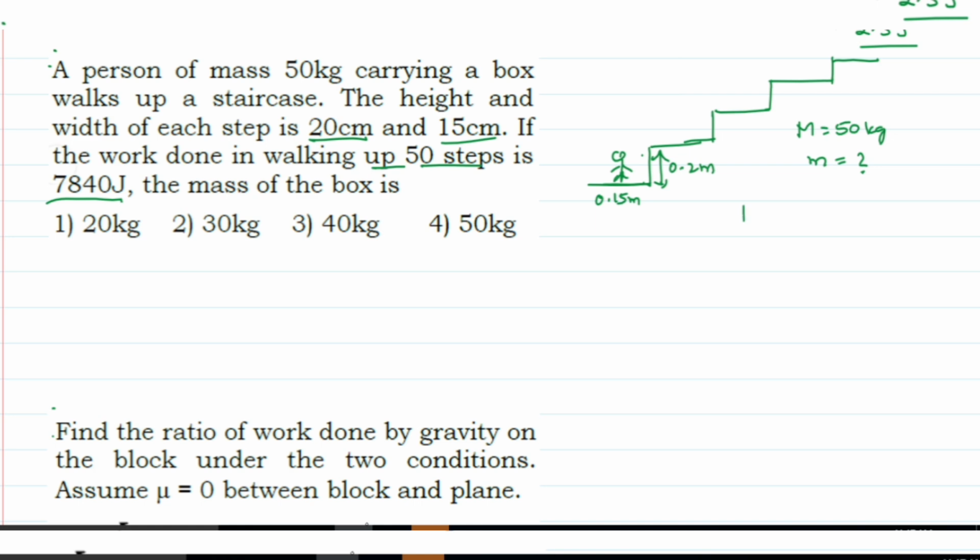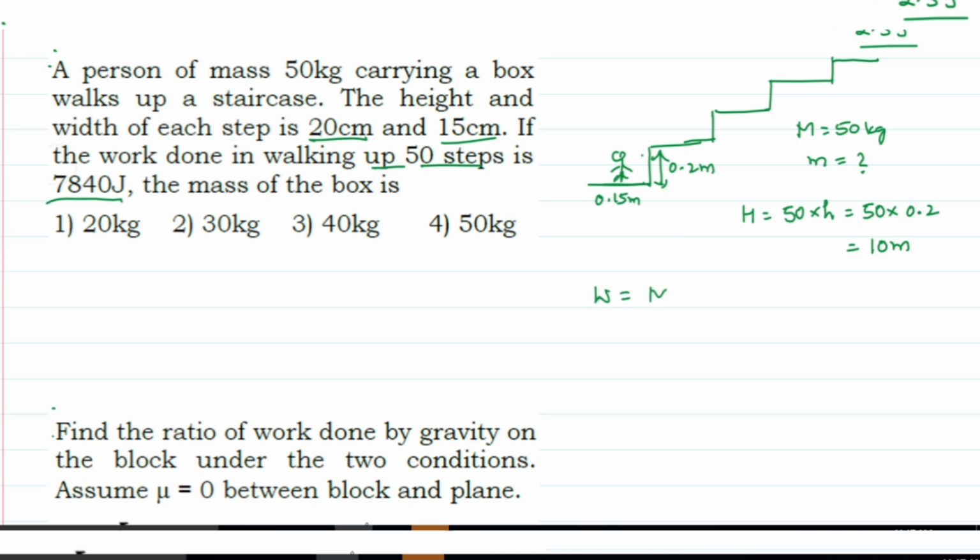For the total height climbed, 50 steps will be there, and h is the height of each step. So you write 50 into 0.2 meter, and the total height climbed by the person is 10 meters. So work done is stored in the form of potential energy.